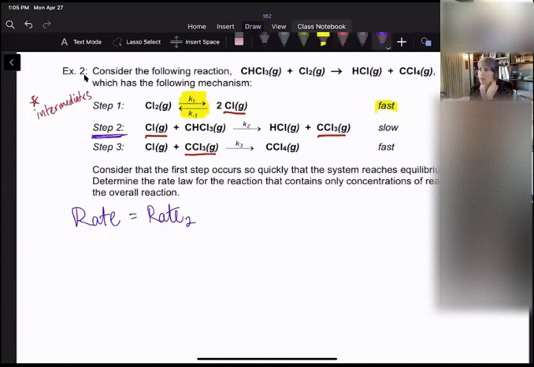I took note of the intermediates. Those are the things that are formed and then consumed, so they don't appear in the overall reaction.